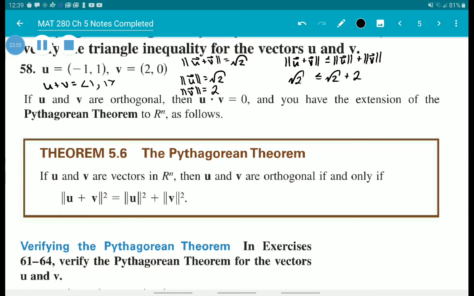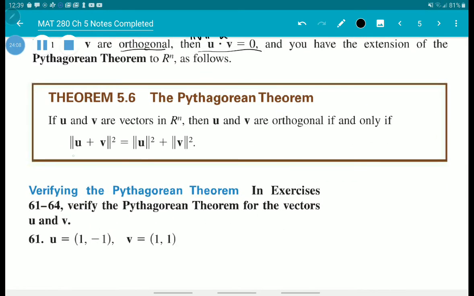Now, if u and v are orthogonal, then that means the dot product is going to be equal to 0. That's the definition of orthogonal. Then we have an extension of the Pythagorean theorem, which says that u plus v's magnitude squared is equal to the magnitude of u squared plus the magnitude of v squared.